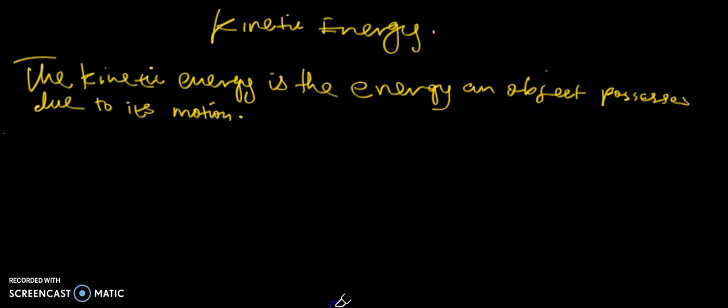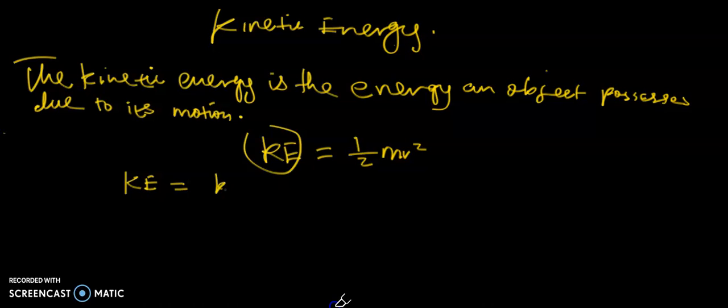So the following is the formula we use in calculation when we talk about kinetic energy. We say that kinetic energy, which is represented by KE, is equal to half mv squared. KE simply means the kinetic energy of the object.